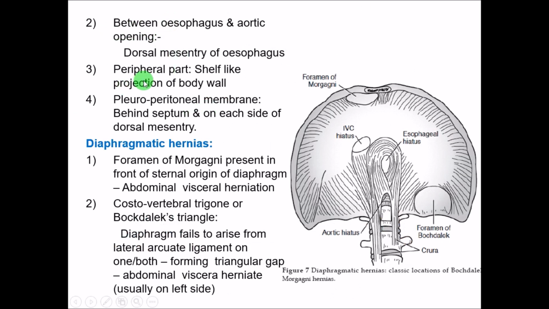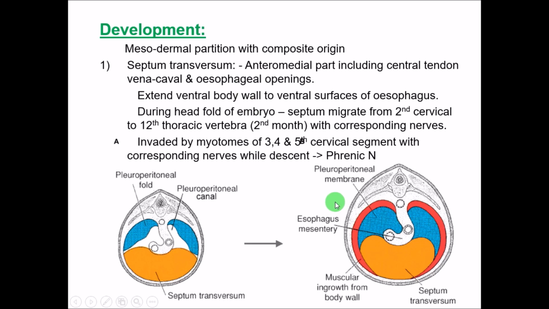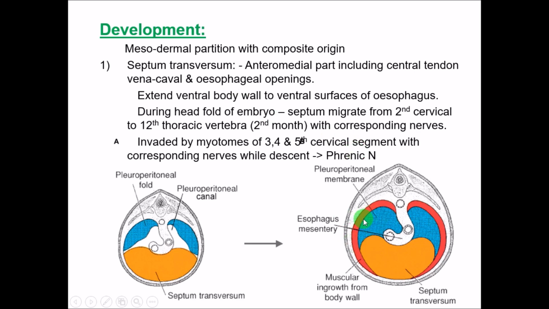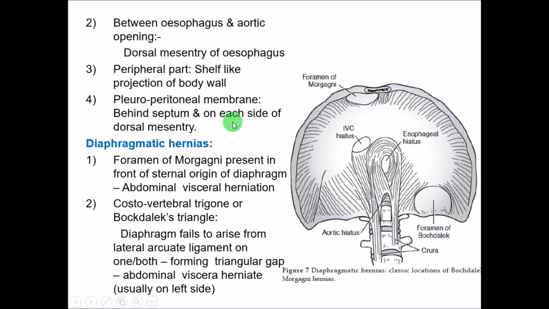Okay. Then the peripheral part by the shelf-like projection of the body wall itself. So the peripheral part will be formed by the muscular ingrowth from all the body wall. Okay, that is formed by the body wall itself. And then also from the pleuroperitoneal membrane, which also helps in the formation of the diaphragm itself, behind the septum and on each side of the dorsal mesentery.